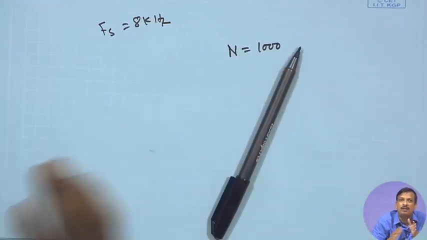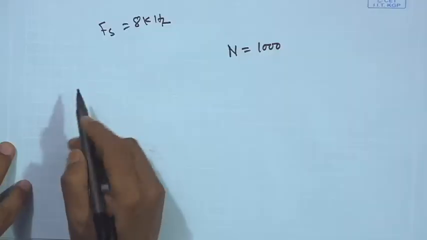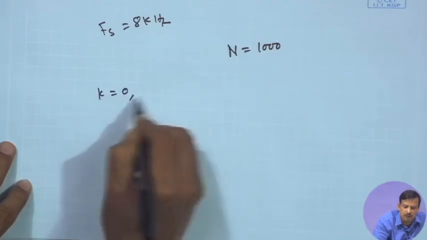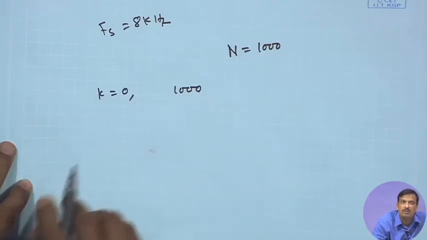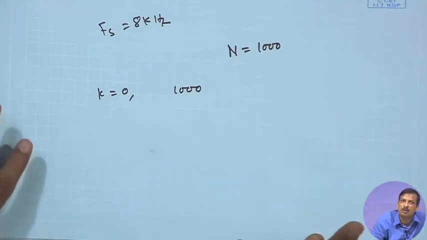I divided the whole frequency range of 8 kilohertz into 1000 equal pieces, so k varies from 0, 1, 2, 3, 4, 5, 6 up to 1000.